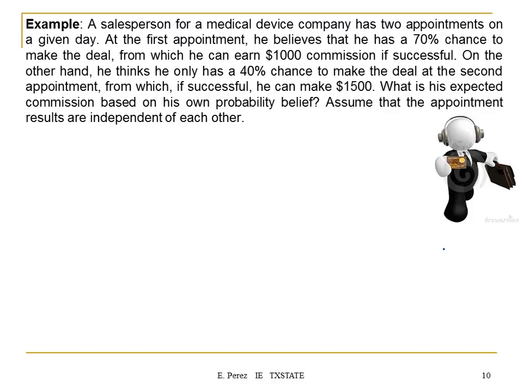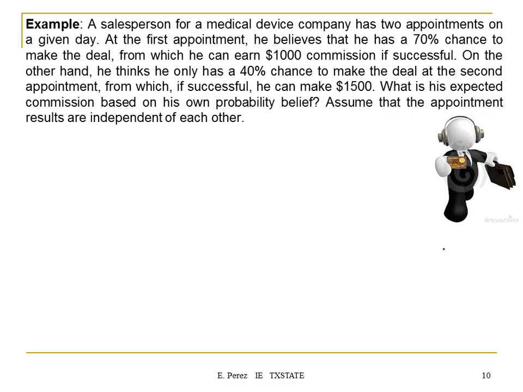You get 0 because both of them rejected your offer. You can get one of the contracts. Those are 2 different outcomes, and you can get both of them. That's another separate outcome. It's just like the toss of a coin. You can get 0, you can get 1 and 1, or 2.